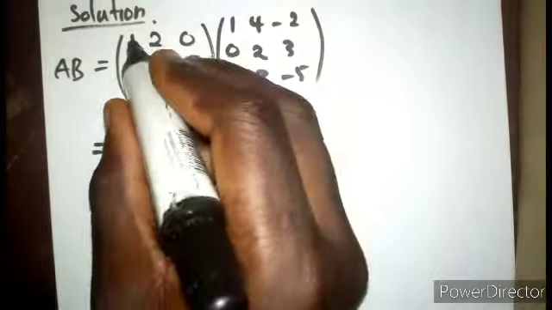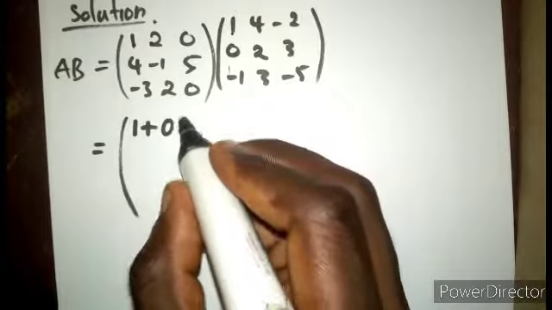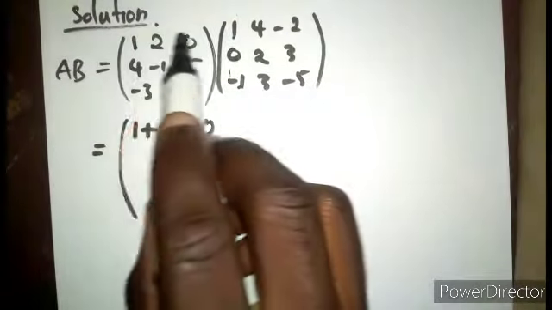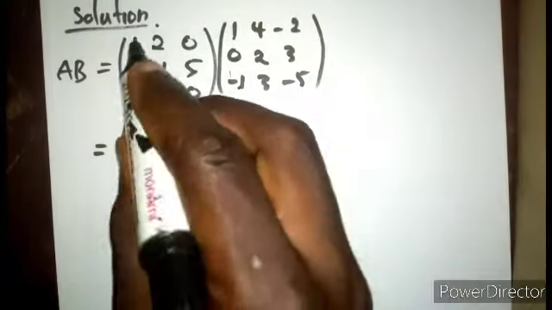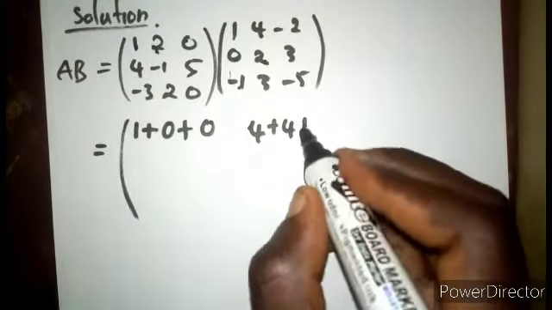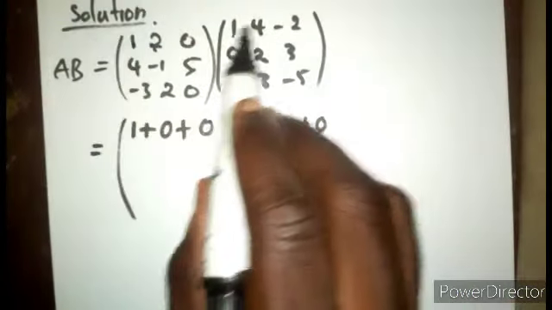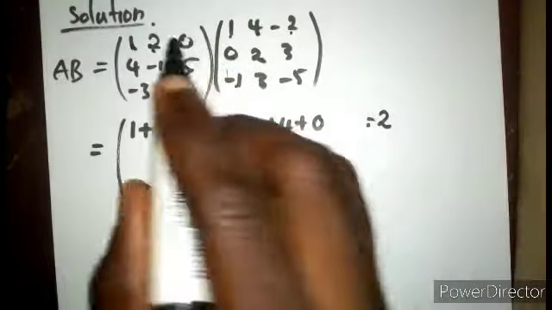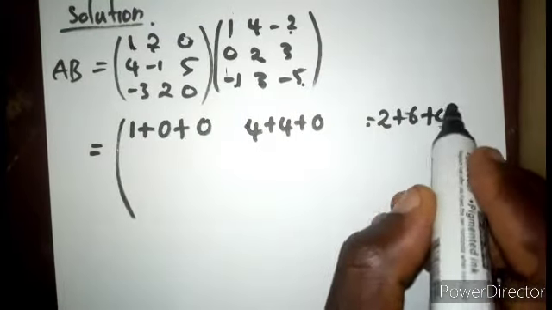So we have 1 times 1, 1, plus 2 times 0, 0, plus 0 times -1, 0. The next thing is first row times second column. We fill it here. So we have 1 times 4, 4, plus 2 times 2, 4, plus 0 times 3, 0. Then first row, third column: 1 times -2, -2, 2 times 3, 6, 0 times -5, 0.